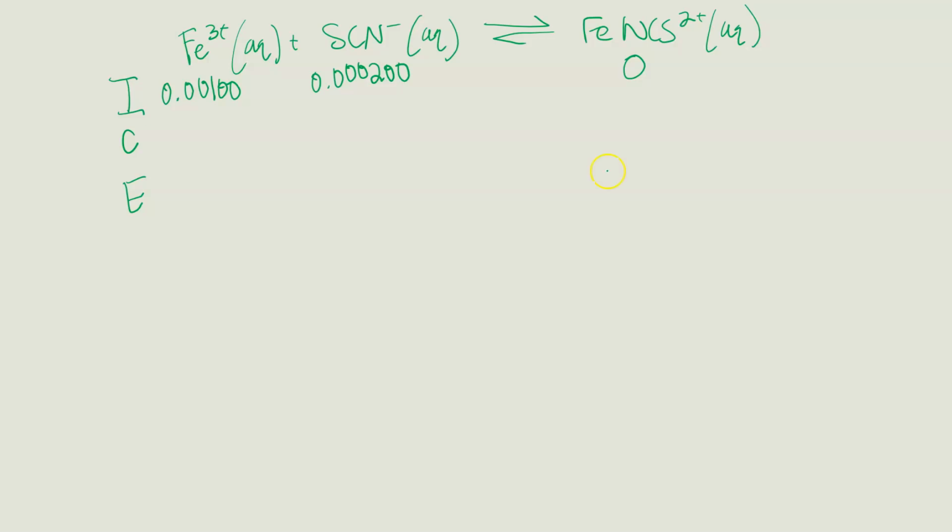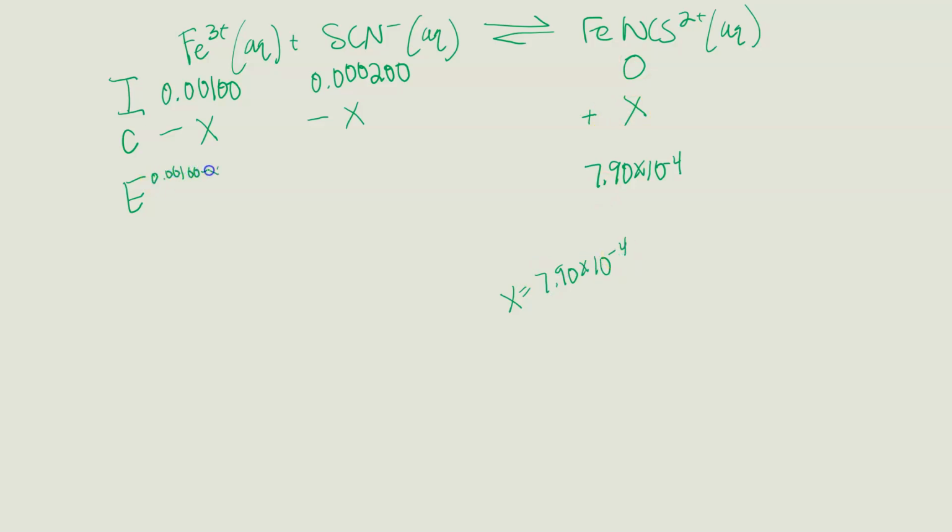But you will know the equilibrium number coming from Beer's law. So we can look at the change row. In the change row, one side of the arrow is positive, one side is negative. This one's going to be positive, this one's going to be negative, because 0 has to increase to become 7.90 times 10 to the negative 4th. There's a 1 to 1 to 1 mole ratio.